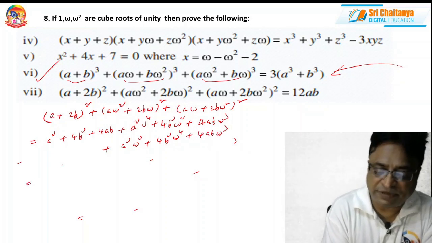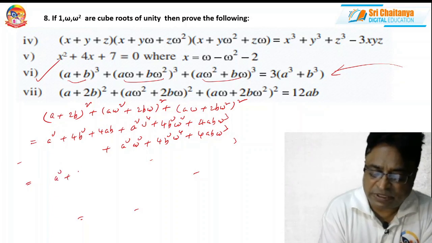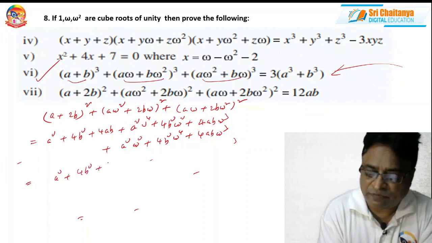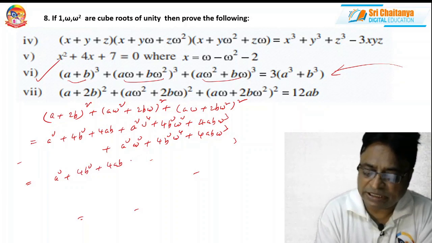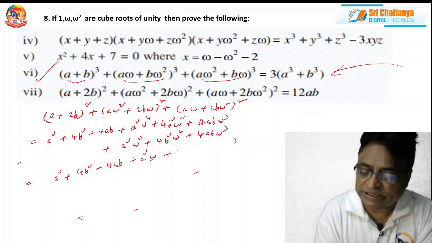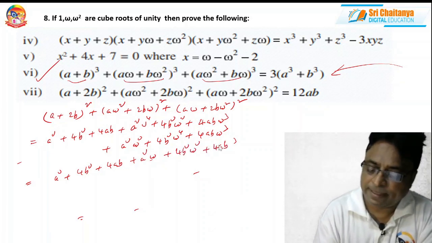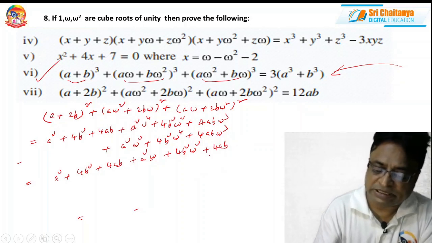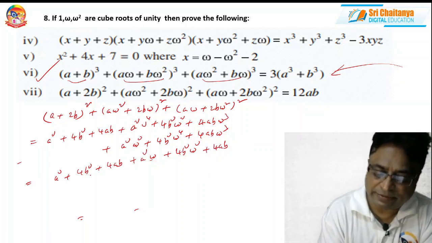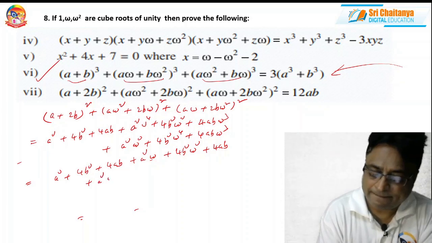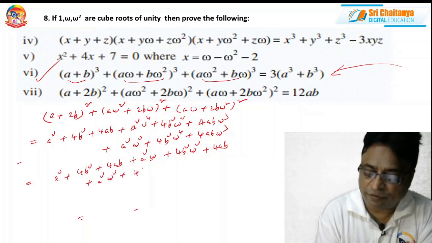This is after simplification. A square plus 4b square plus 4ab, and plus a square omega plus 4b square omega square plus 4ab, and plus a square omega square plus 4b square omega plus 4ab.